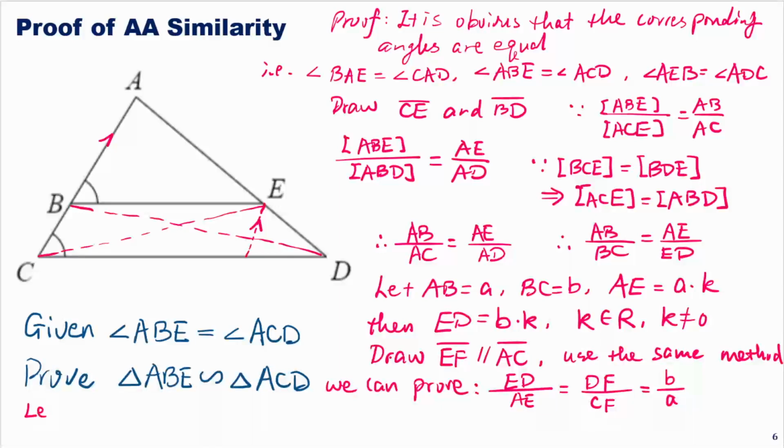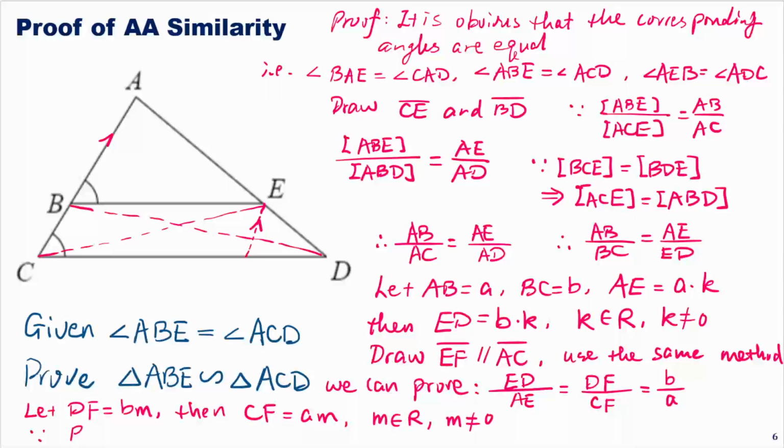Then if we let DF equal bm, then we have CF equals am, right? Where m belongs to the real number set, again m is not 0.